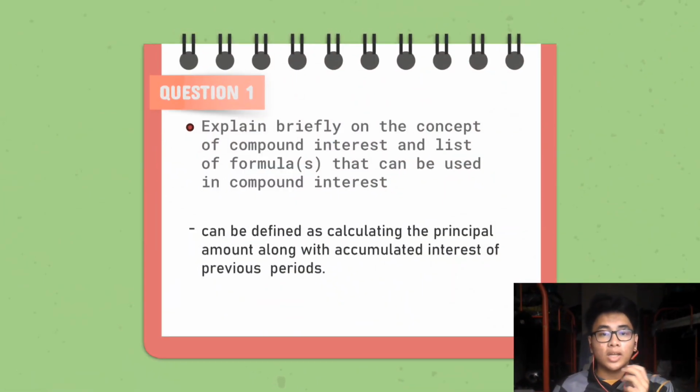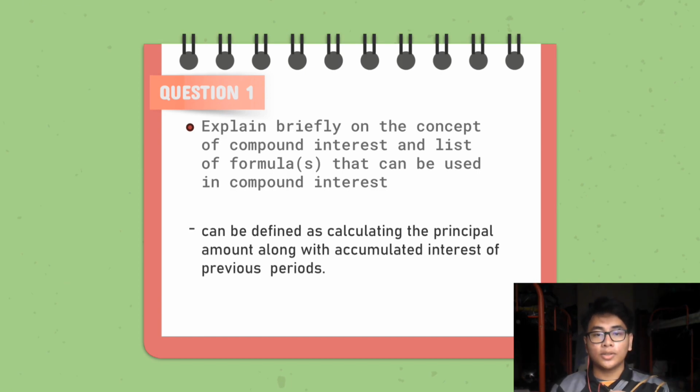Question 1. Explain briefly on the concept of compound interest and list the formulas that can be used in compound interest. Compound interest can be defined as calculating the principal amount along with accumulated interest of previous periods. It is also known as interest on interest.